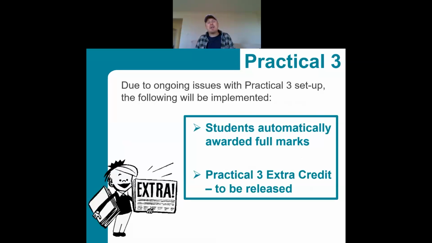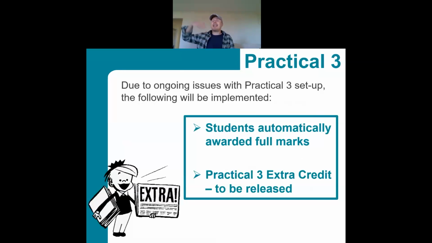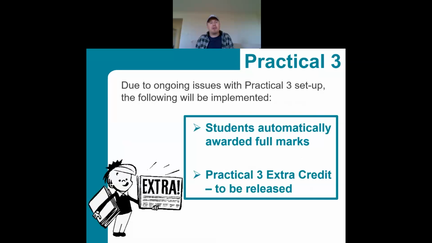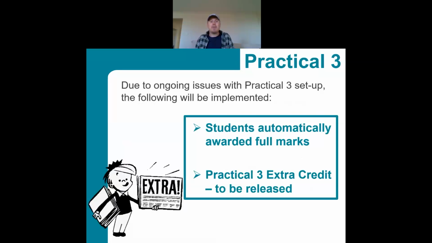And I'm going to be releasing it as an extra credit assignment. So any points you earn on that is extra. Even if you get just a couple of points, it's worth grabbing those extra points. That will be available all the way to the end of the course.